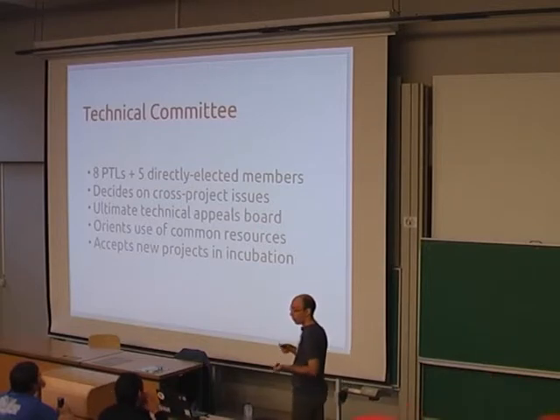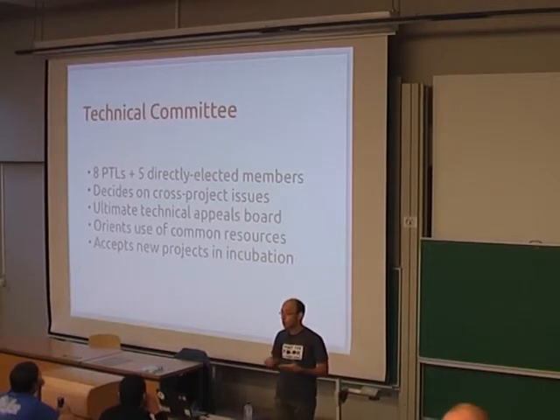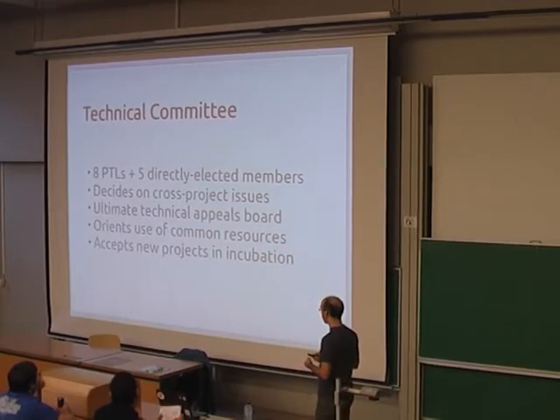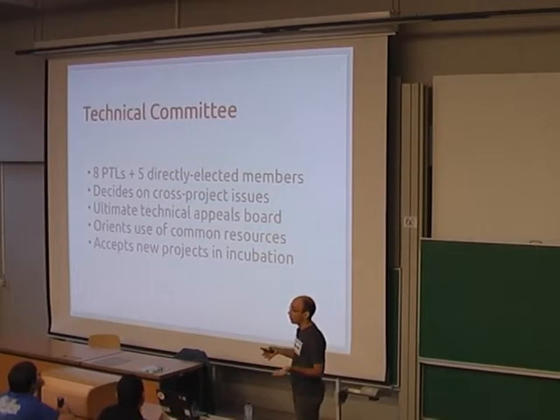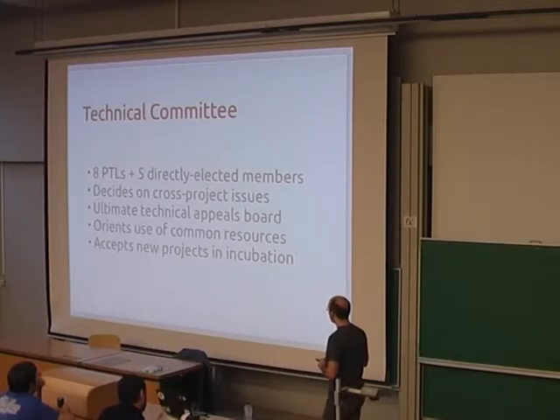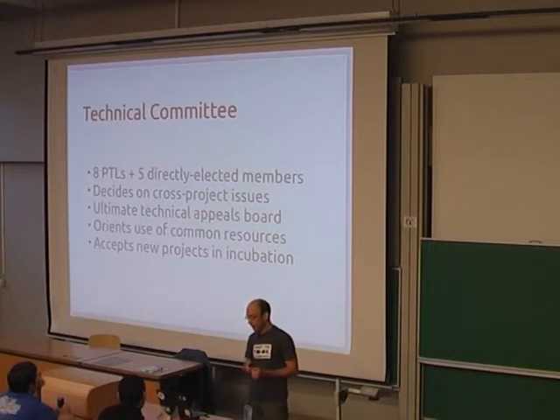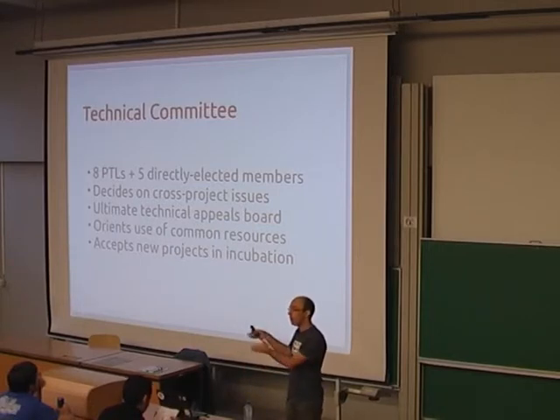The technical committee also orients the use of common resources like QA, documentation, and release management. We have a finite set of resources, and we need to decide how to best spend them. And finally, the technical committee also accepts new project incubation, for projects that might one day become part of our OpenStack integrated release.